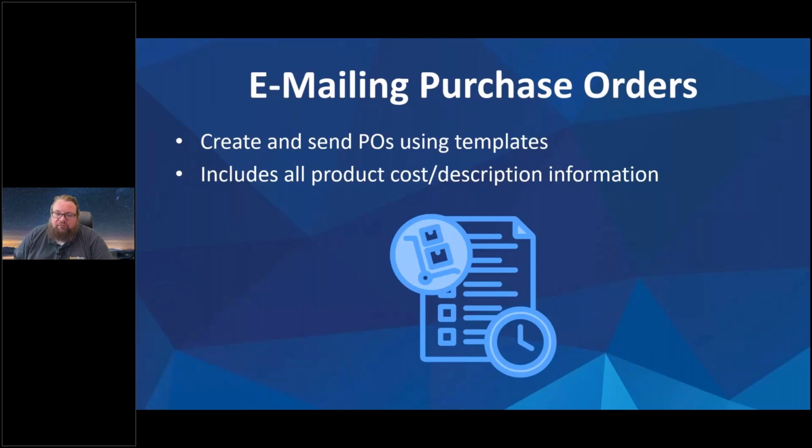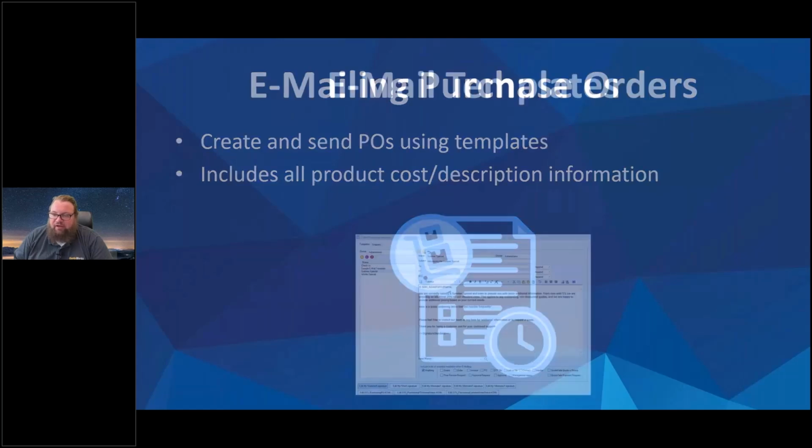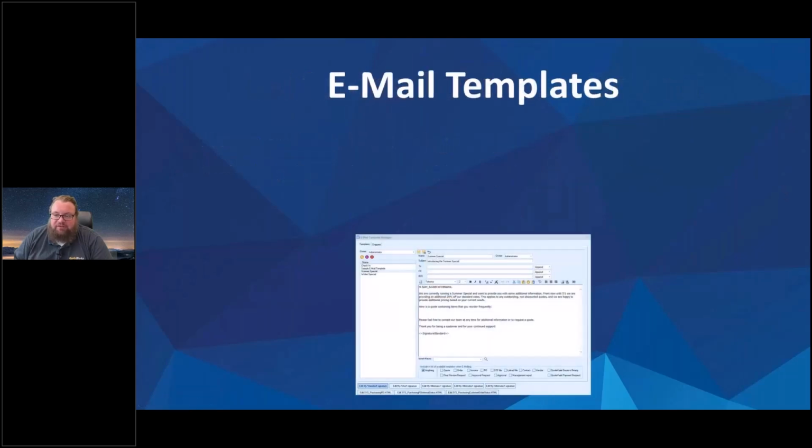Now, while there are different reasons for you to send emails in QuoteWerks, you may have different ways in which you're sending or different reasons why you're sending quotes out, and you want to have some templates associated with them. Well, we have the ability to do that in QuoteWerks. So if you wanted to, you could go in and create different templates that can be used via a drop-down menu when sending emails.